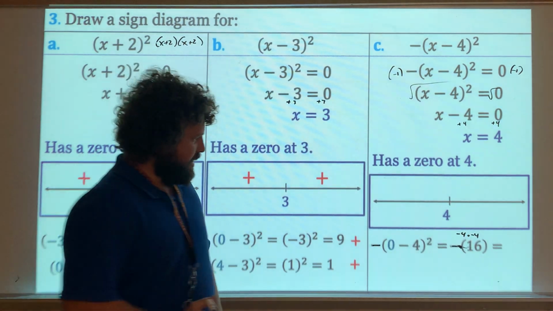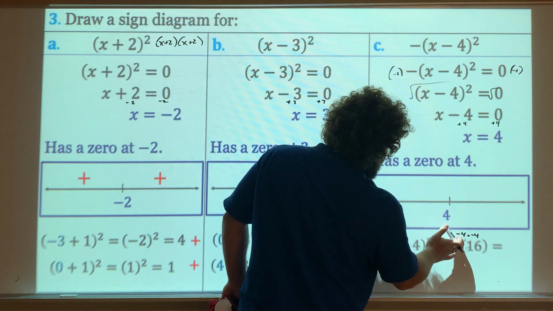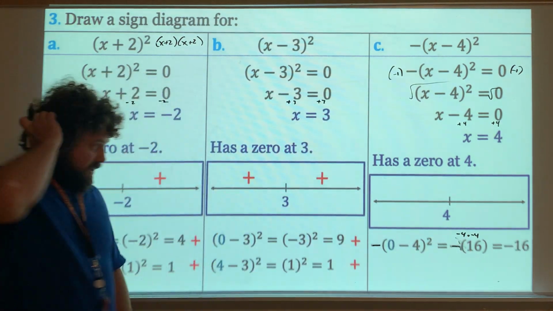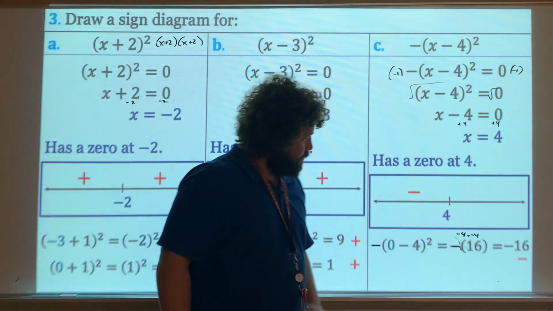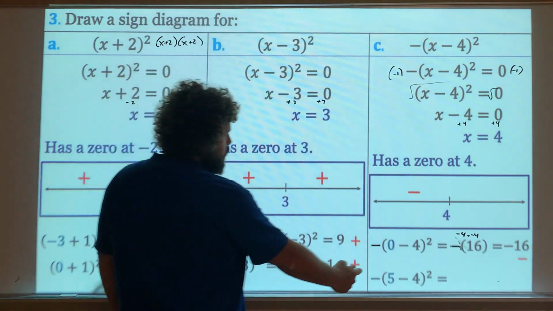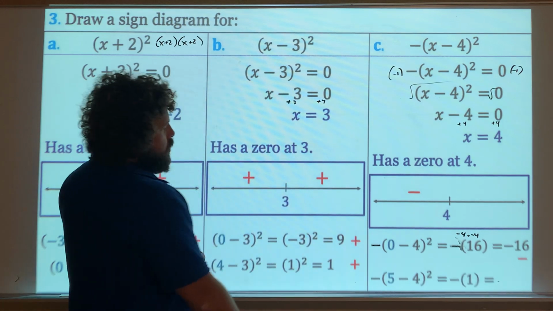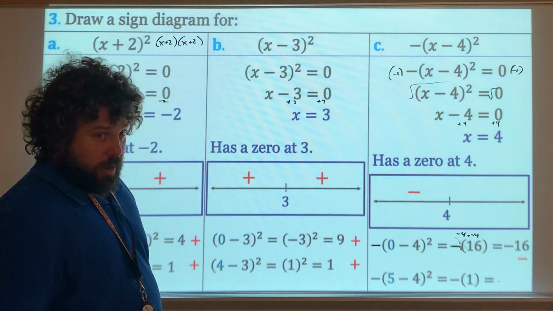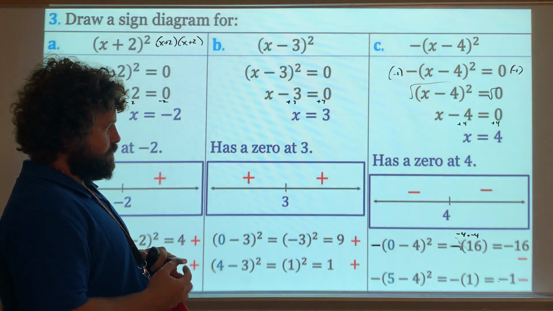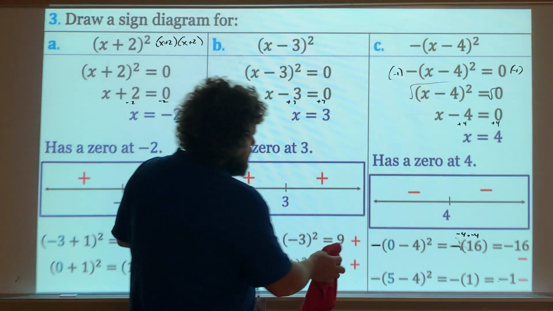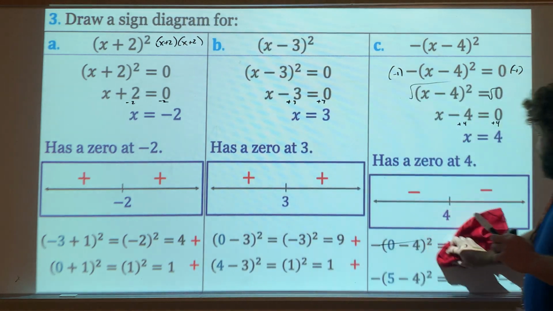So you keep that negative on the outside. So negative times a positive 16 is a negative 16, which is a minus. Pick a number bigger than 4. 5. 5 minus 4 is 1. 1 squared is 1. Negative times a positive 1 is a negative 1. And there, my friends, is a negative negative.